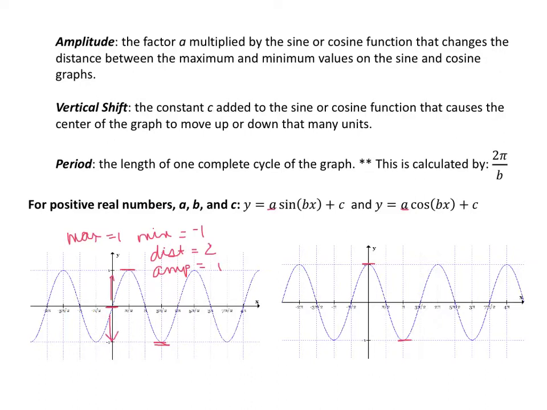The next term that you actually do not see in this one is the vertical shift. If that Ferris wheel that we've been talking about were moved upwards, what would happen is that this center line here would move up or down, whatever that value is. Vertical shift is denoted by the C in each one of these.